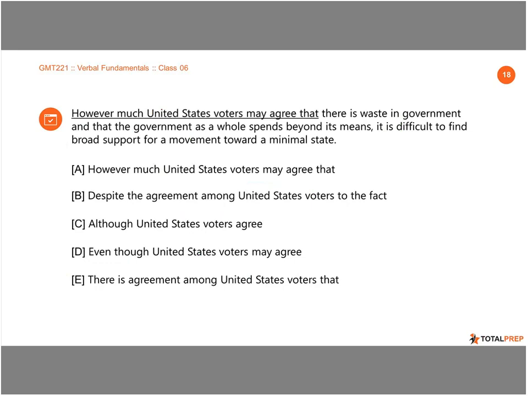Let's take a look at the first exercise. Only one part of the sentence is underlined, so you have to take a look at this part. Of course, don't forget the rest of the sentence and take a look at every single alternative. So you can pause the video, take a look, and after that we talk about it.